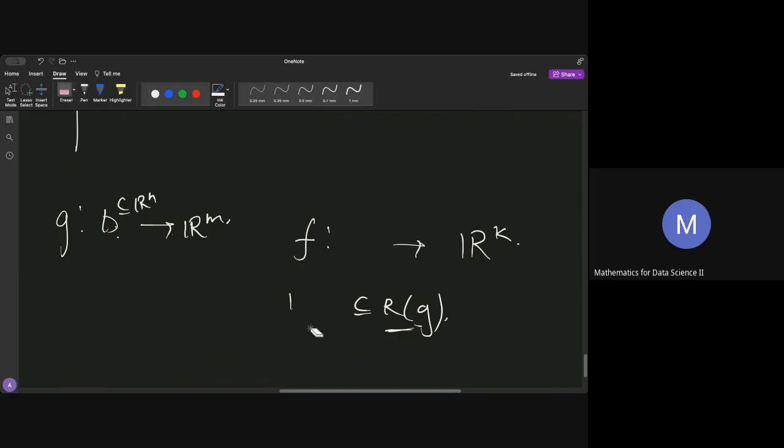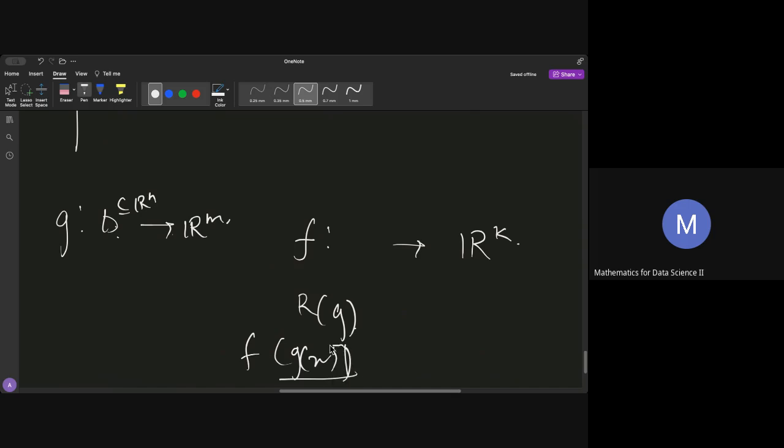The range of g should be included in the domain of f. If I want to apply f to g(x), then I need to make sure that the range of g is contained in the domain of f, right? So your domain of f should be something that contains the range of g.